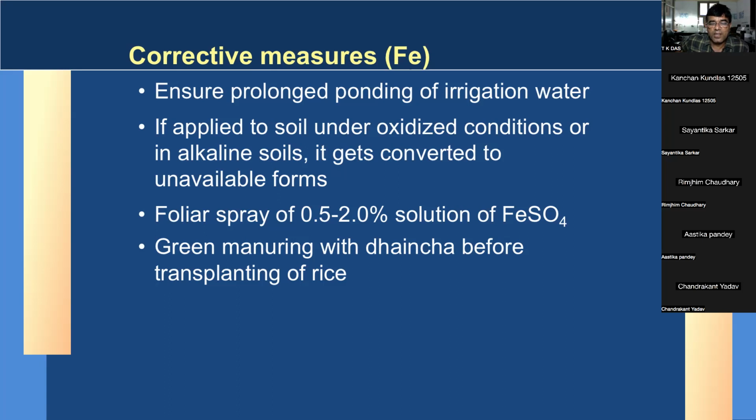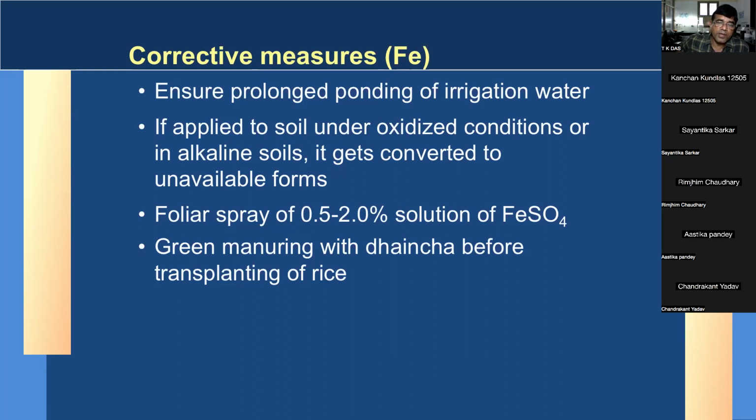for soil application as well as for foliar application. But soil application should not be preferred in case of iron, manganese, and copper. However, it should be preferred in case of zinc. You can see foliar spray of 0.5 to 2% solution of ferrous sulfate can be done in rice. Why this range, 0.5 to 2%?